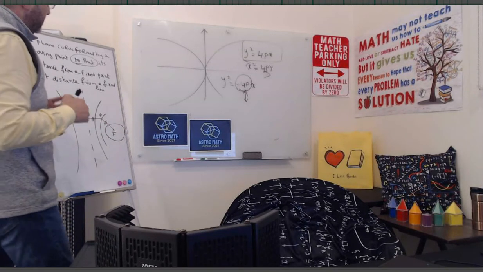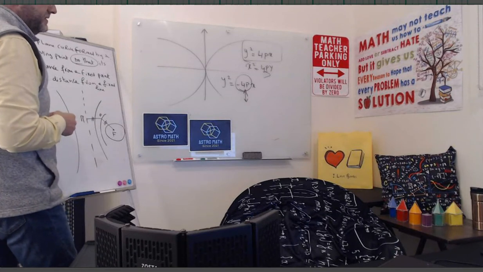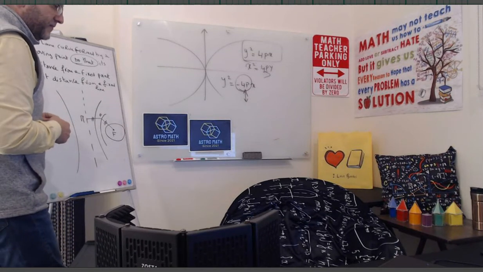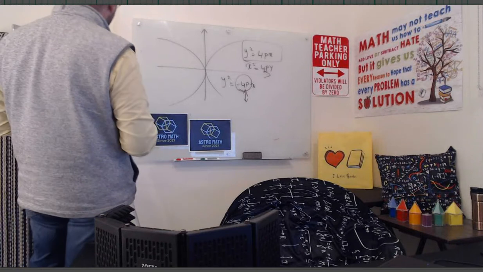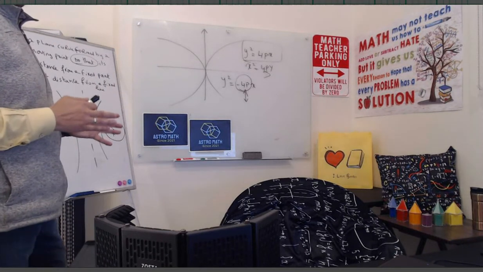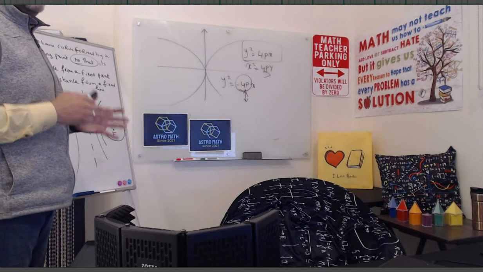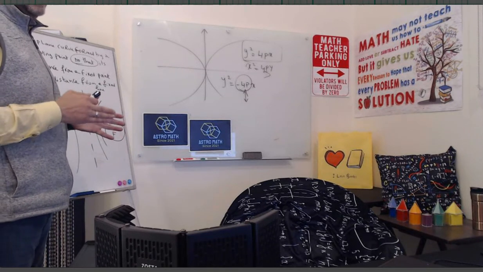in your books or in many books, they explain the parabola scientifically, very swiftly, and they don't really spend a lot of time explaining it. You know that it has the same characteristic of reflection that the ellipse has.